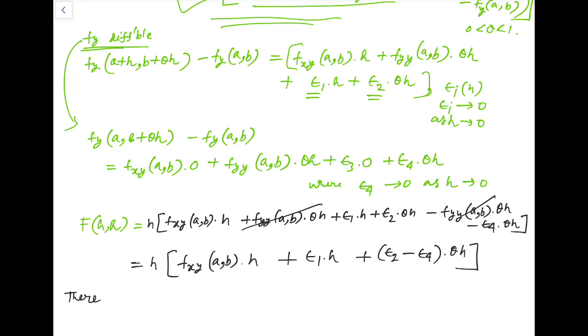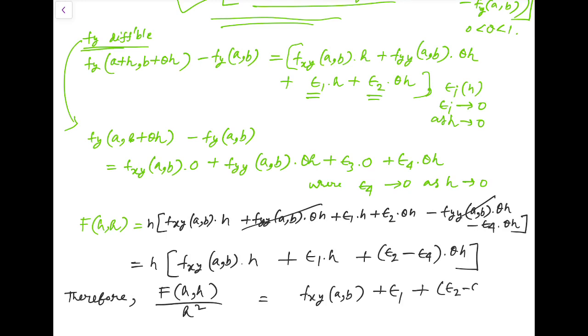Therefore f h by h square, what will come? fxy at a comma b plus epsilon 1 plus epsilon 2 minus epsilon 4 into theta, correct?